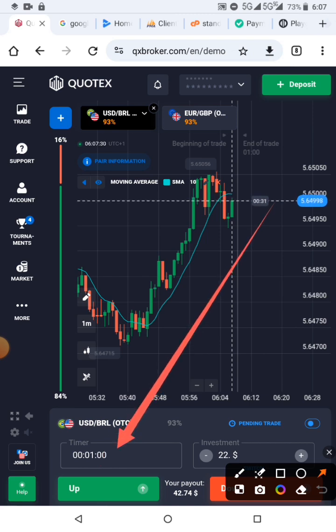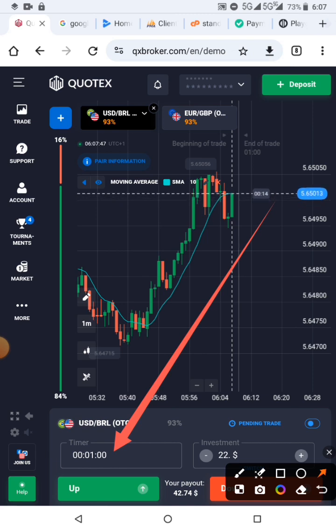Like you all know, I used to trade on timer, not on time. If you put it on time, it becomes your normal time zone that you are selecting as the time frame for your trading.